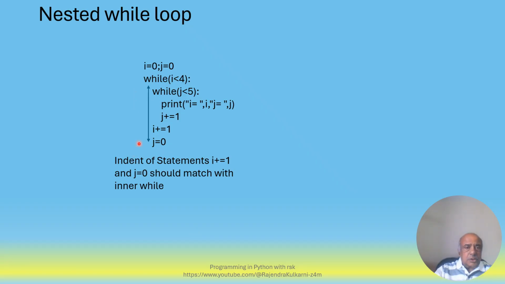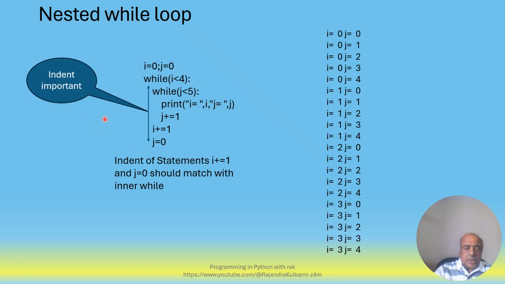Indents are important. The indents of the statements i plus equal to 1 and j equal to 0 should match with the inner while loop. So this is the inner while loop, and these are the statements which will be executed by the inner while loop. The output from this program is: first i is 0.